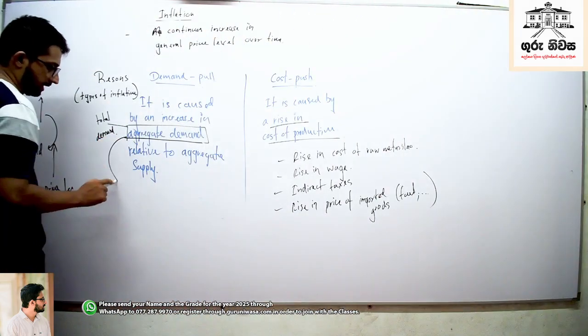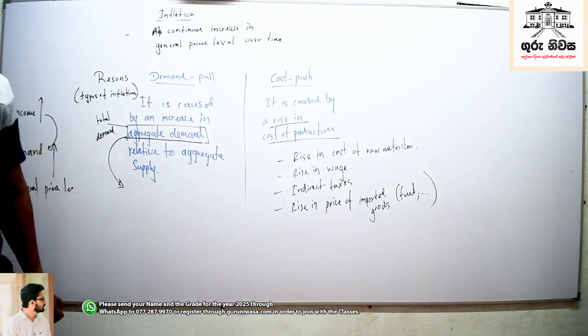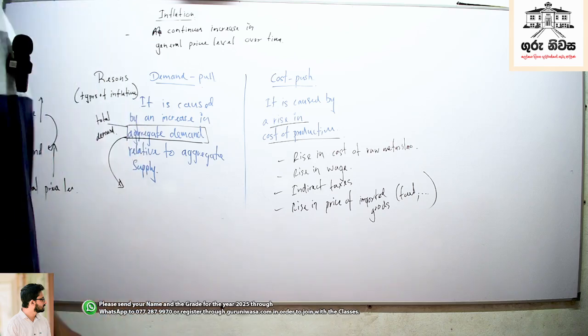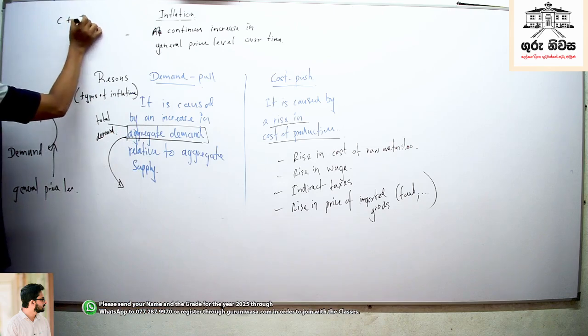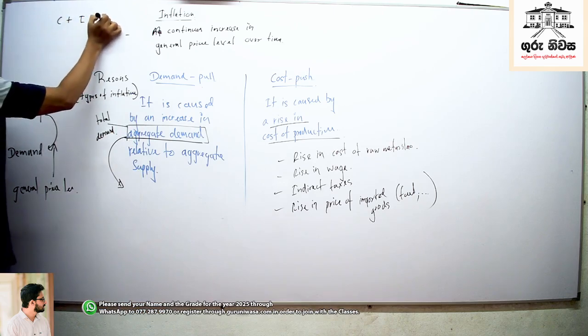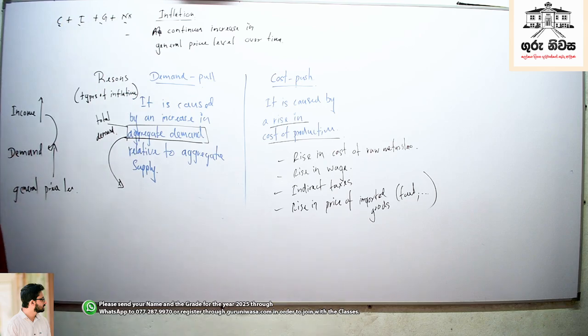Here, Puta, aggregate demand contains 4 parts again. Puta, look at the board. I forgot to tell you. Aggregate demand contains 4 parts. It's easy to remember this 4. This is called CIG, Lamai. Sir, I know G is government spending.